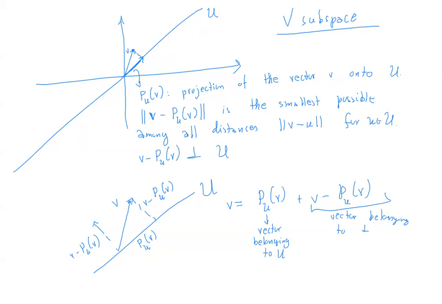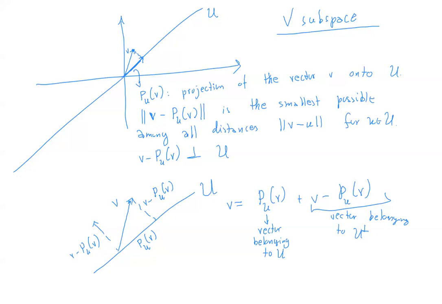And this is the only way that you can write V as a sum of two vectors, one which belongs to U and one which is orthogonal to U. So that's pretty much the definition of the projection. If you use any other vector in U, you're not going to get orthogonality.